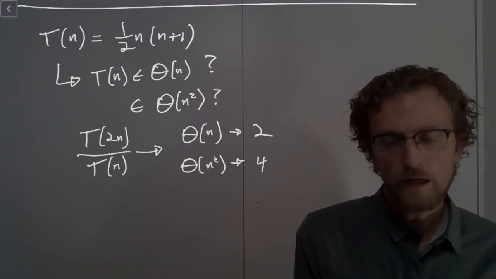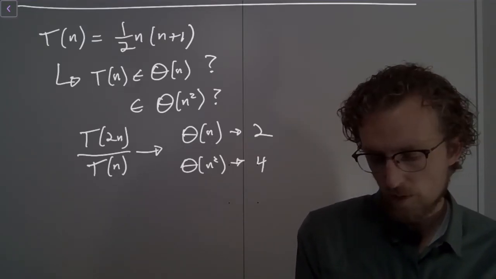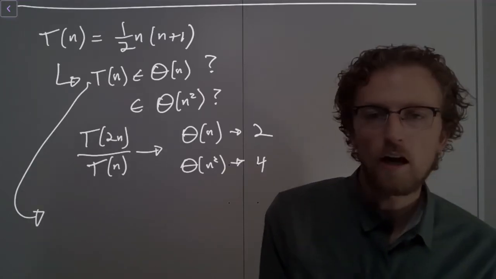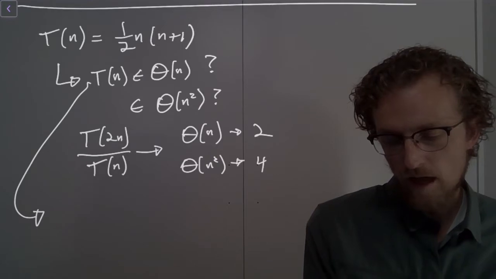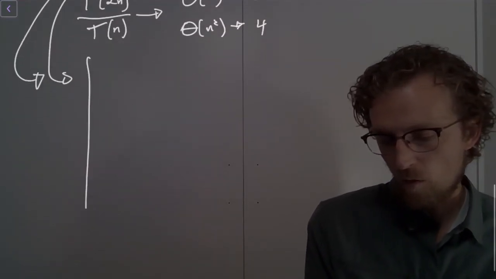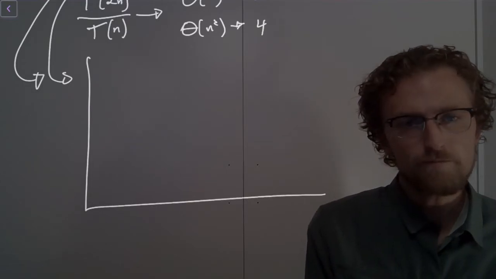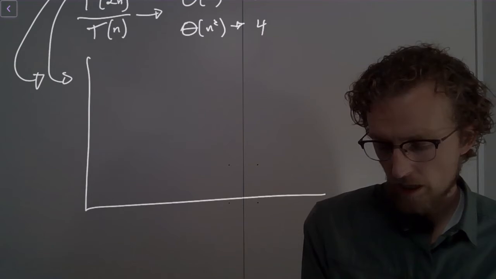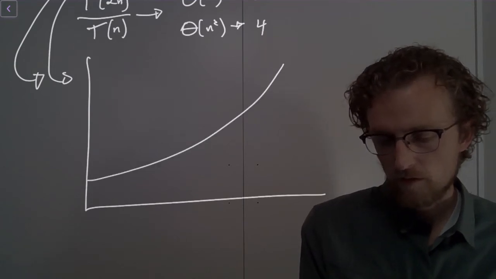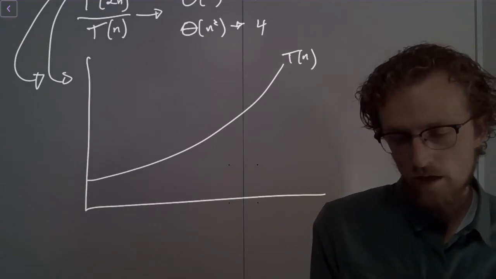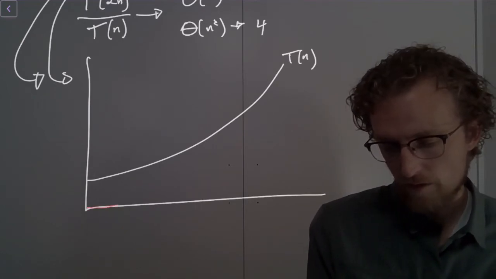Another approach would be to plot these against each other. So suppose I've got this T(n). Let me plot it on the same axis as n squared. So here's my T(n), and here's my n squared.